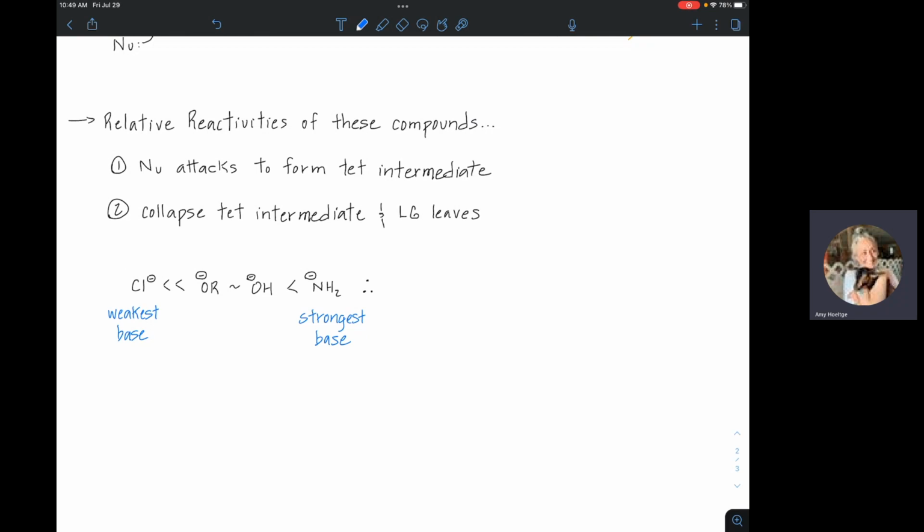The weaker, again, the basicity of the leaving group, the easier it is for both of those two steps that have to happen in this reaction to occur. So in other words, we can say that since the weakest base is the chloride anion, the acyl chloride will react the fastest.